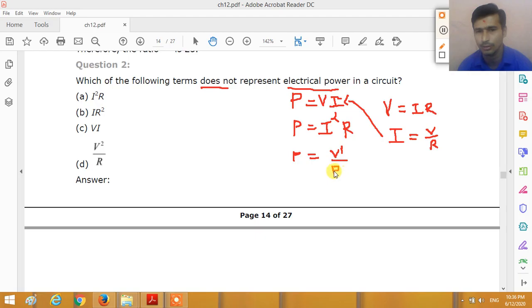So all these formulas of electric power are correct, right?